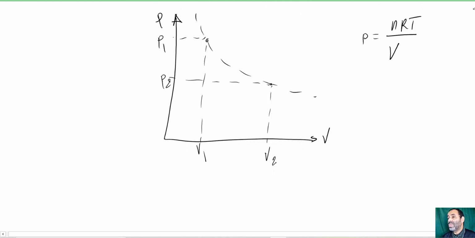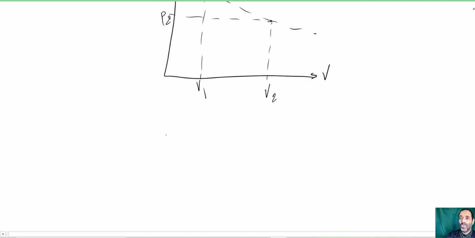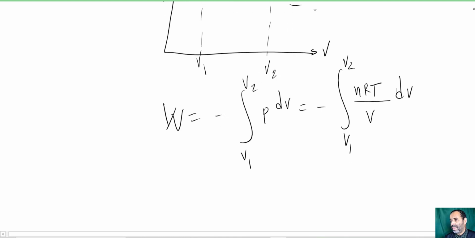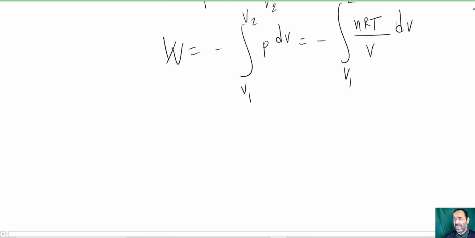So we want to know what W, the work, is. The work is simply equal to minus the integral from V1 to V2 of P dV. In this scenario I know what P is: because nRT are constants, P is nRT divided by V. nRT comes out of the integral, and we're left with the integral of dV over V, which is just the natural log.